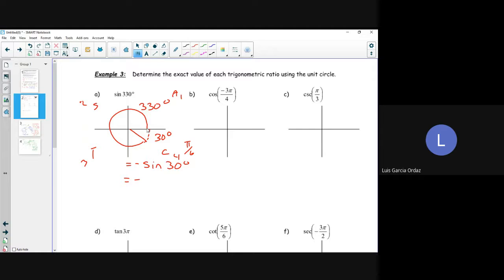So we get negative 1 times 1 over 2, which gives us negative 1 over 2. So that means negative sine of 30 degrees is going to be negative 1 over 2, okay? If you were to do sine of 330 degrees on your calculator, you would get negative 1 over 2 as well.